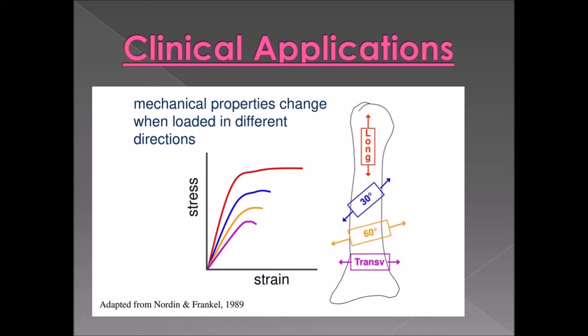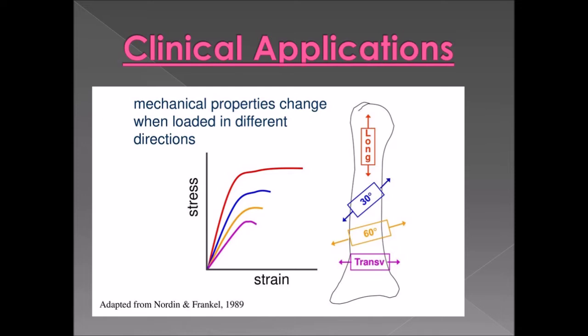So this is the clinical application. When we are applying loading, what kind of loading do we apply to the patient? We give patients traction, compression, and traction forces while treating any condition.